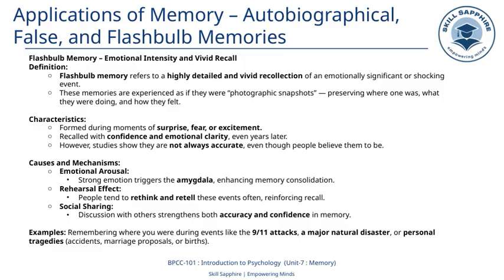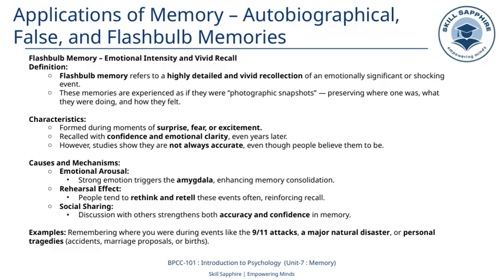Think of it as a mental snapshot, like a photograph, that captures exactly where you were, what you were doing, and how you felt at that moment. These memories tend to form during moments of surprise, fear, or excitement. For example, you might remember exactly where you were when you heard about a major event like 9/11, a natural disaster, or a personal milestone such as a wedding or the birth of a child.